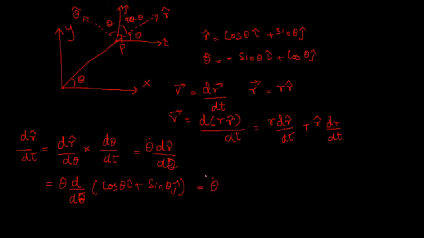Theta dot, differentiation of cos theta would be minus sin theta i cap, so minus sin theta i cap plus cos theta j cap, right? If you look into this term carefully, this is nothing but our theta cap. So I can write this as theta dot into theta cap. Okay? I'll do the next slide.